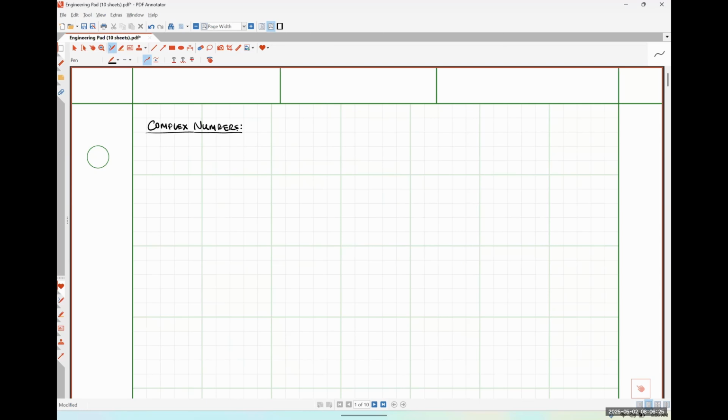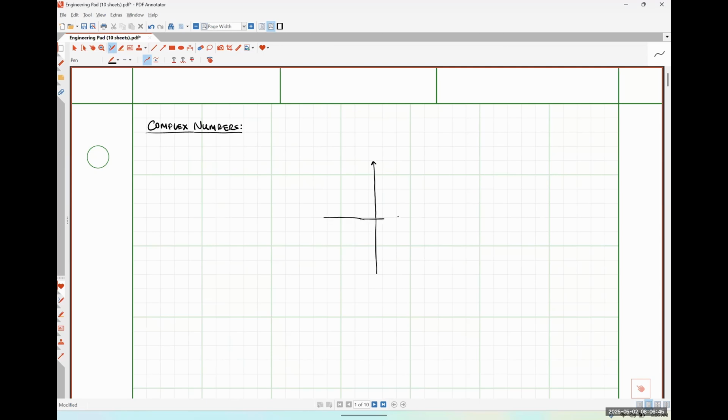Okay. So I'm going to draw a complex plane in the middle of my page here. I want you guys to think about this as two number lines that are 90 degrees, like they're orthogonal to each other, I guess.